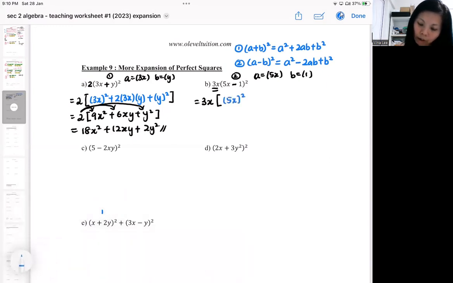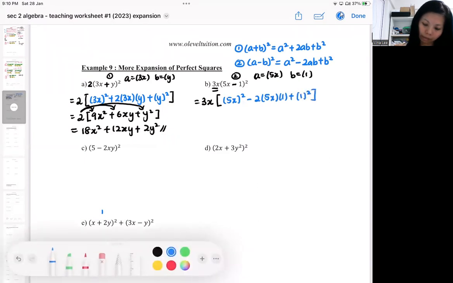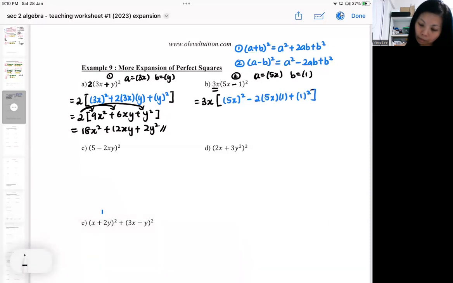So a squared minus 2ab plus b squared. So you do your formula 2, you ignore the 3x first. You focus on your formula 2 being correct first.